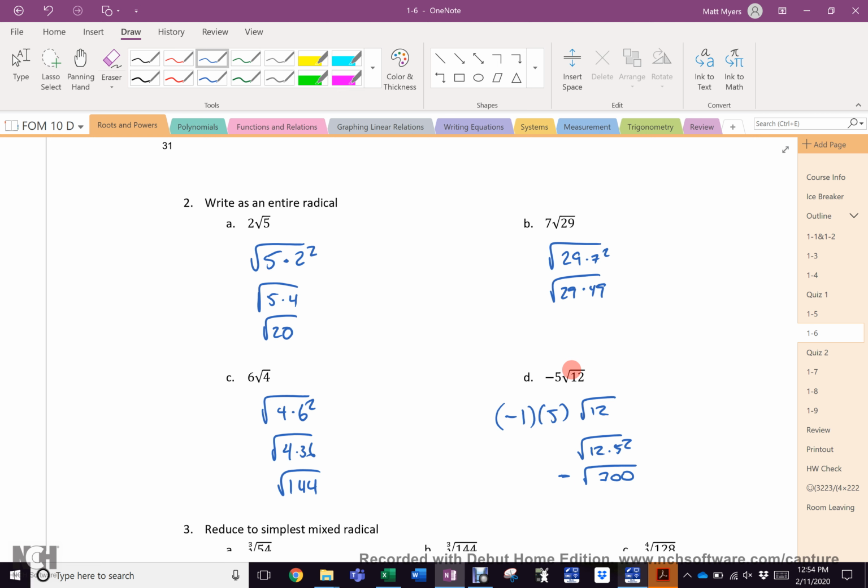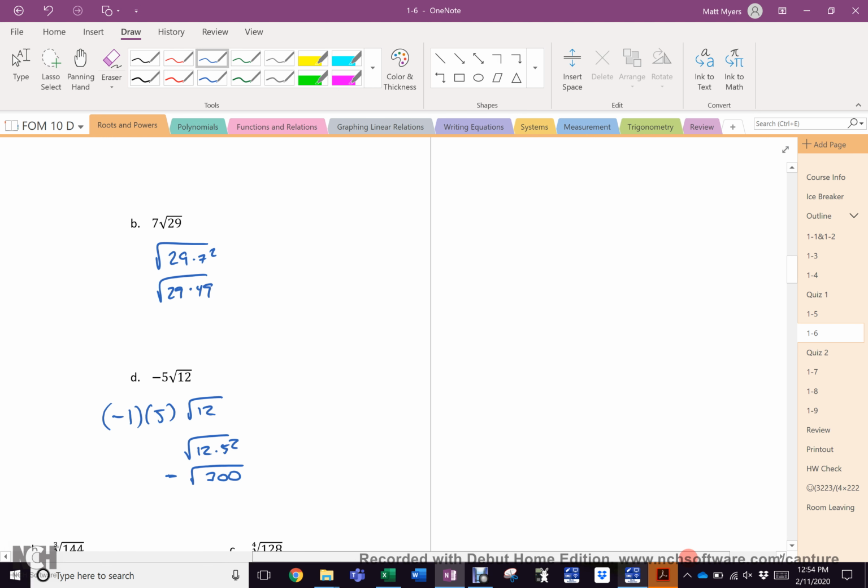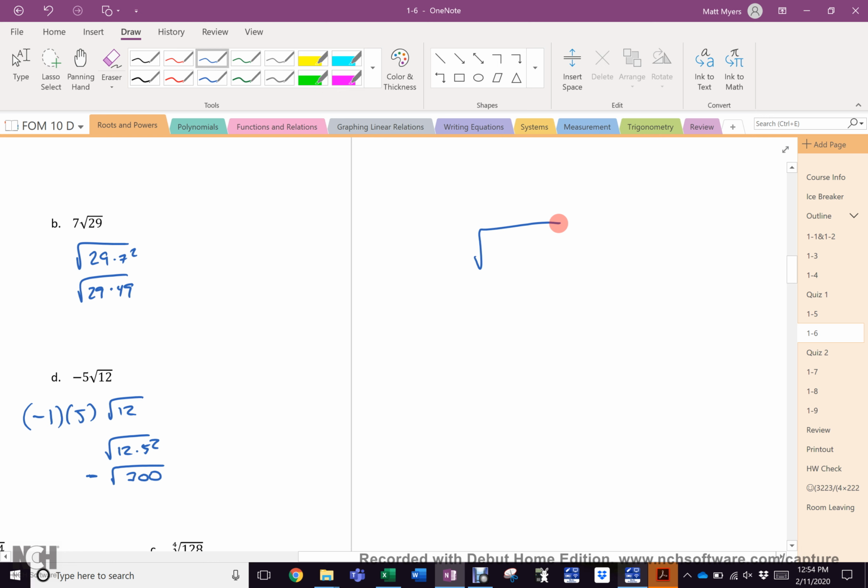So, everybody should be comfortable with square roots, yes? I don't want you to write down what I'm about to do. I want you to look at it and think about it, okay? What is the square root of 32?